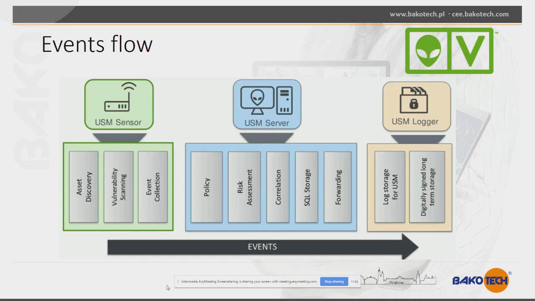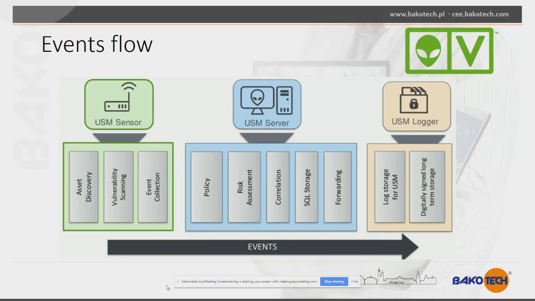As the first block of processing of incoming events, you can see a policy module. This is a deliberate procedure because the policies in AlienVault allow you not only to generate appropriate action after detection of some security breach, but also allow you to change the typical event processing flow.